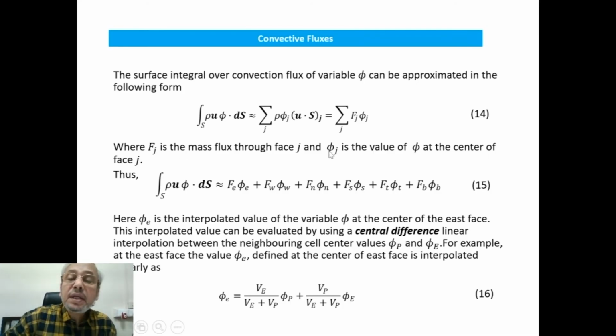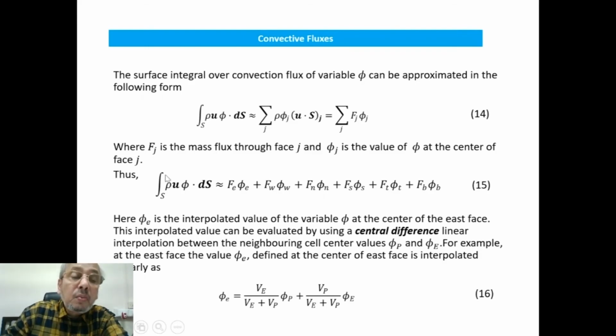This phi can be any quantity that can be convected. So it can be the 3 velocity components u, v, w, or it can be temperature. So this is how we define the summation of Fj phi j.